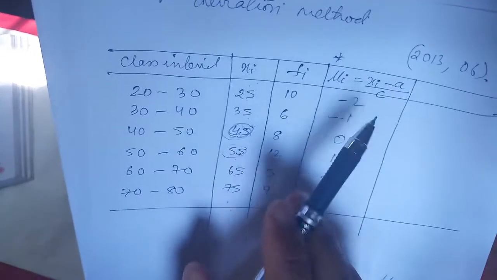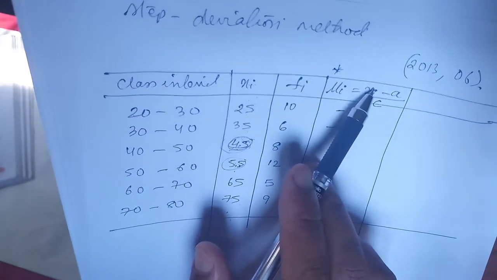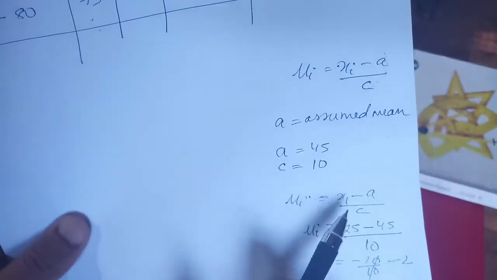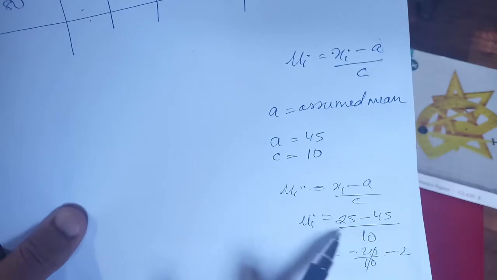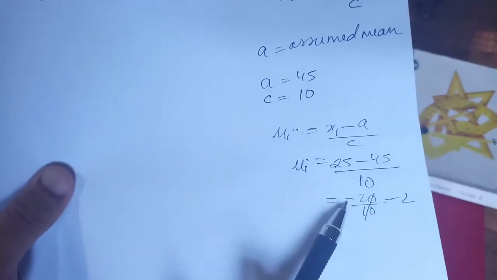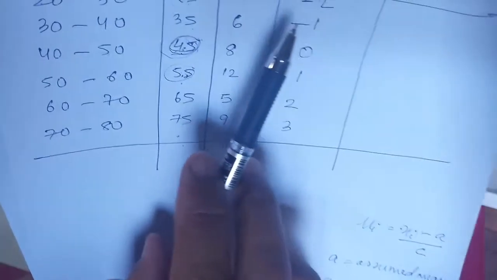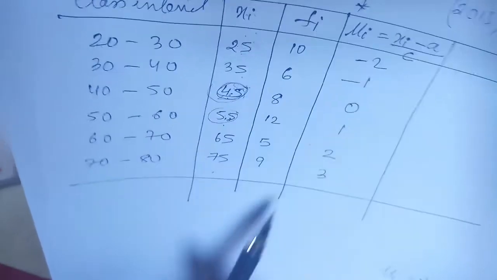It will become like this. Only this one you have to find by putting xi as 25, a as 45 upon c as 10. So you have subtracted, it will be negative. Then you have found the first value, minus 2. Then no need to do anything, that's why it is a shortcut, the step deviation method.